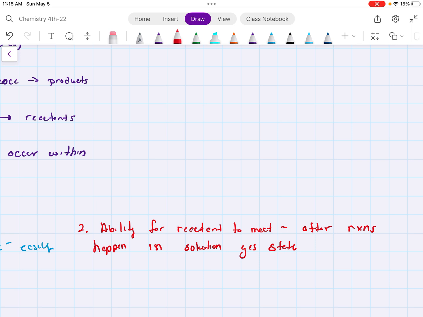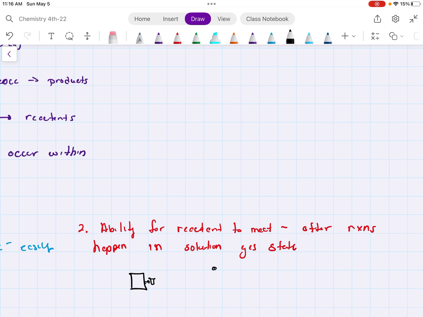But if you combine two salts in solid state, then you have just two crystals that are kind of rubbing up against each other, and you're only getting that one point of contact. So if you have a solid here reacting with another solid here, you're only seeing contact in this area here, right? So you're not getting a whole lot of interaction between the molecules, and whatever interaction you do get is very minimal.